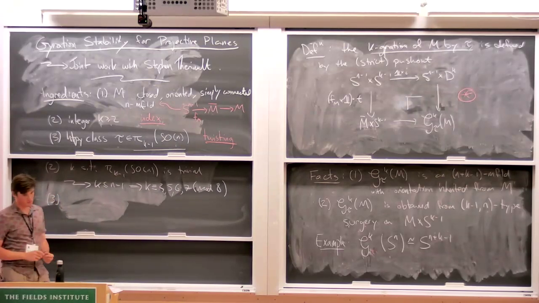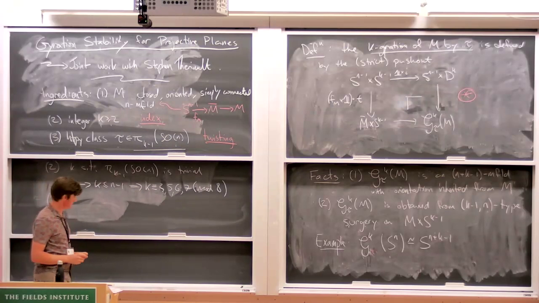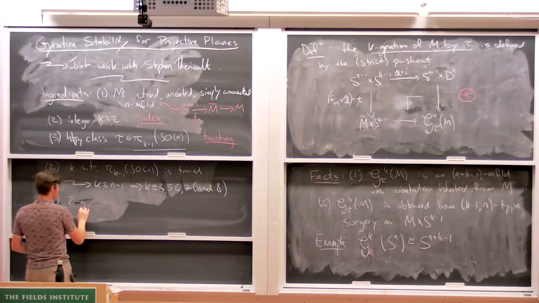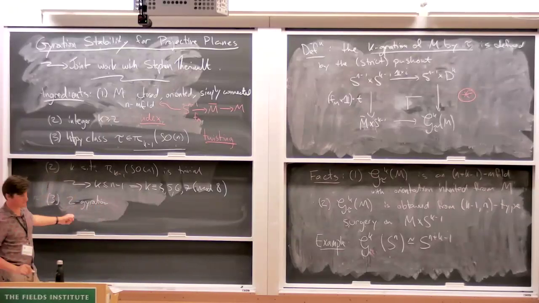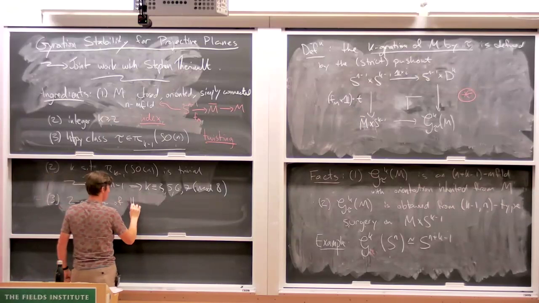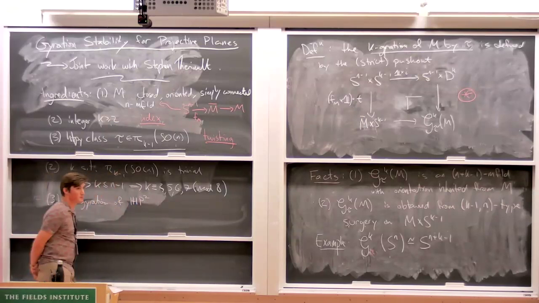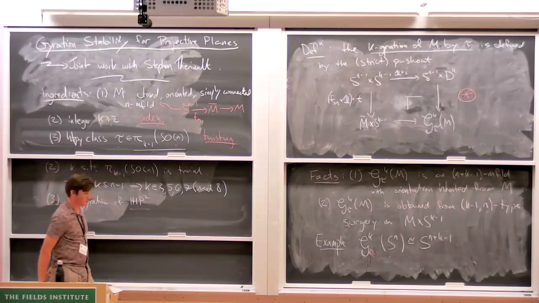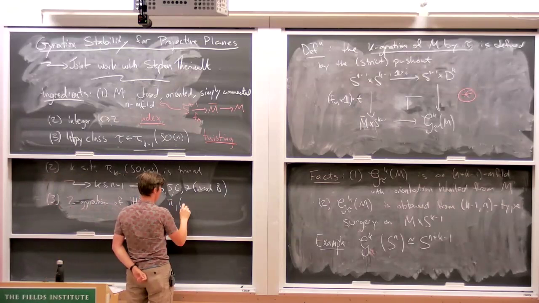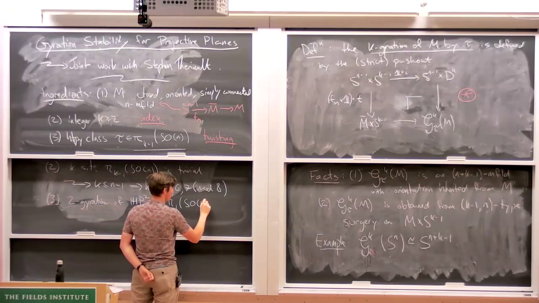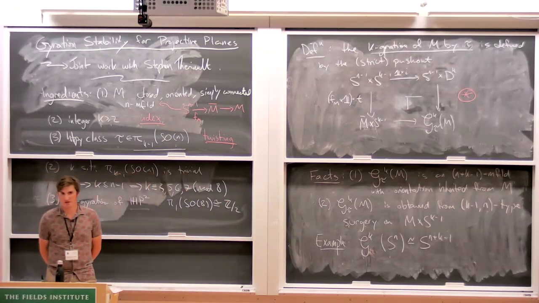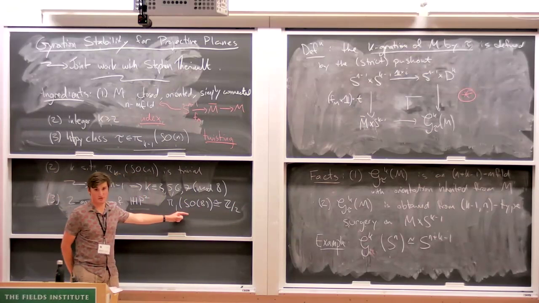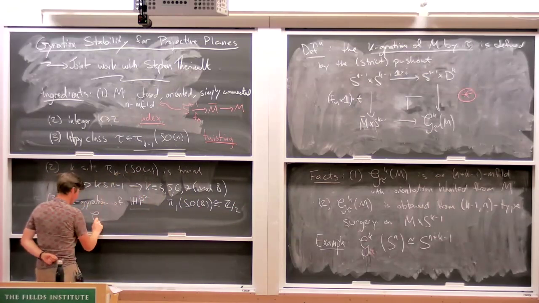And the third example, which is really a motivating example for us, is let's think about a 2-gyration. So I'm declaring that my index k is 2, of a hyperbolic projective plane. This guy's dimension 8. Pi 1 of SO(8) is Z mod 2, so I can gyrate trivially or non-trivially.